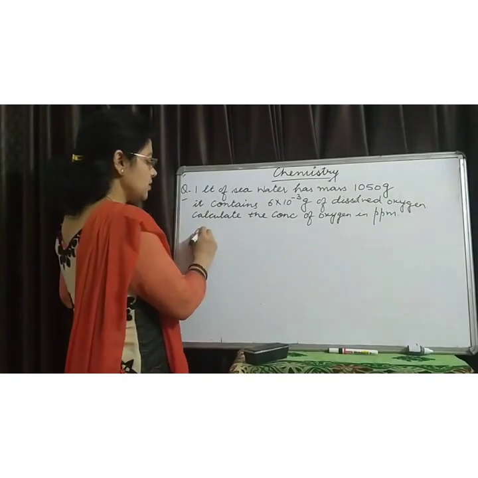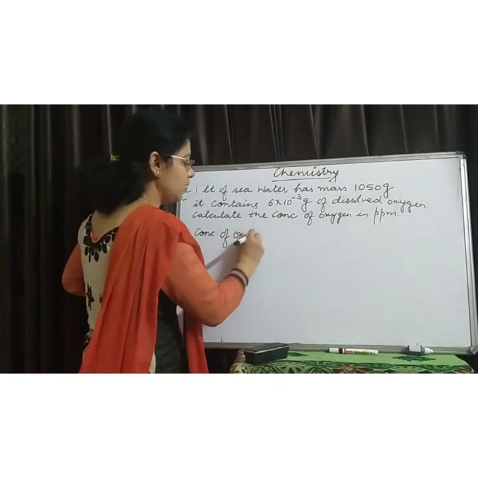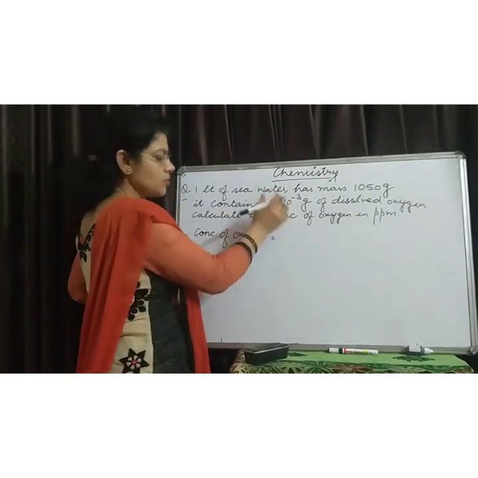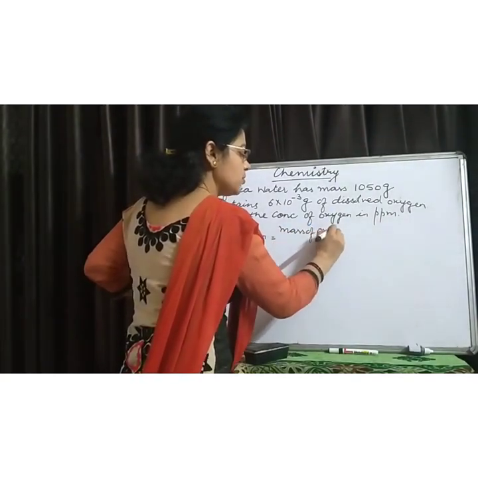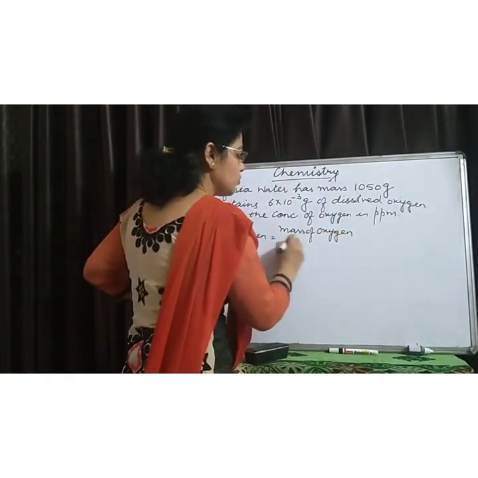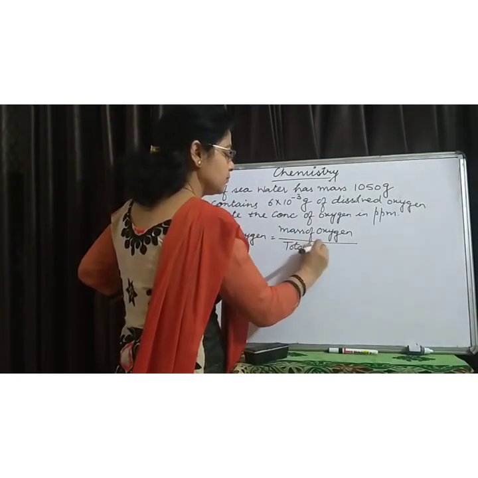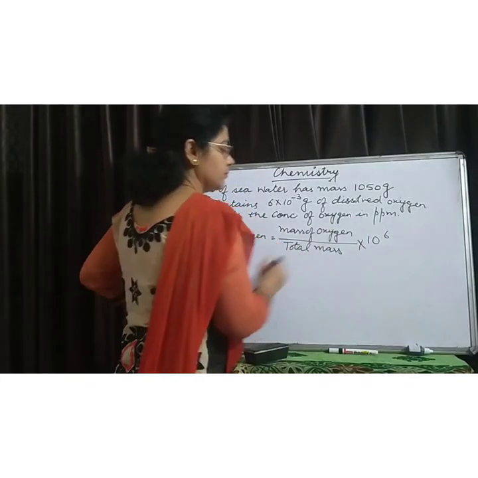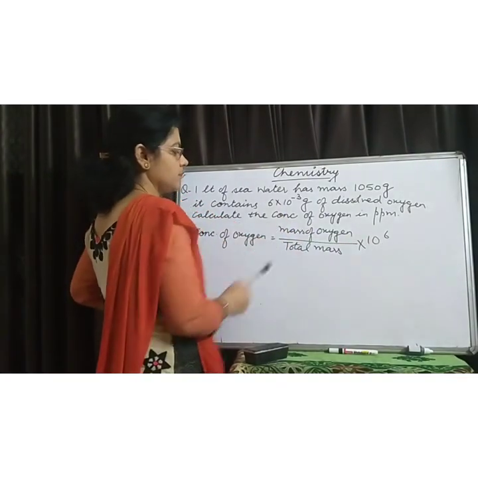So, the concentration of oxygen is mass of solute, here oxygen, divided by total mass, multiplied by 1 million, that is 10 raised to power 6.